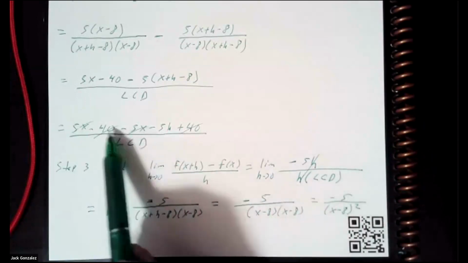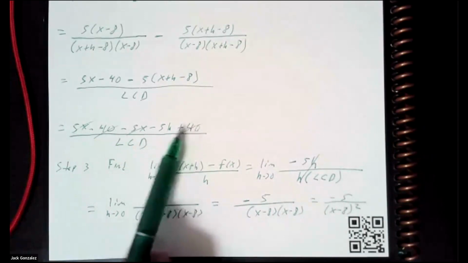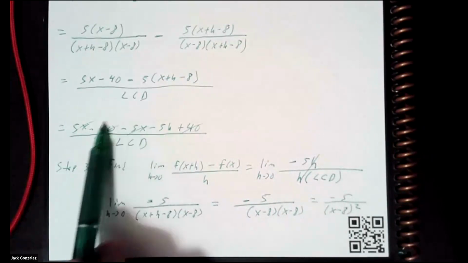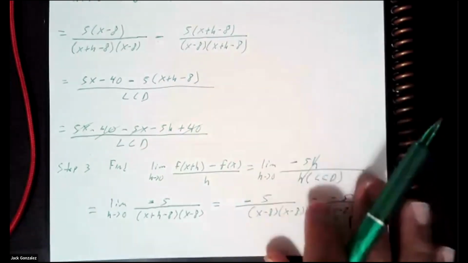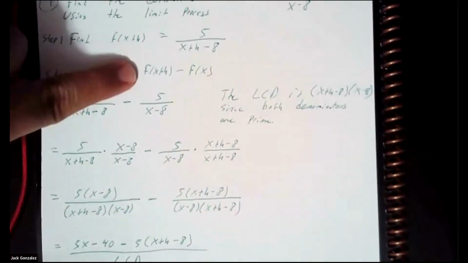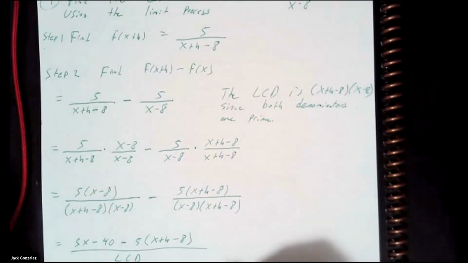Well, they all cancel, remember when you subtract them? Okay. So this whole thing right here is f of x plus h minus f of x. So we said way up here, this is this.